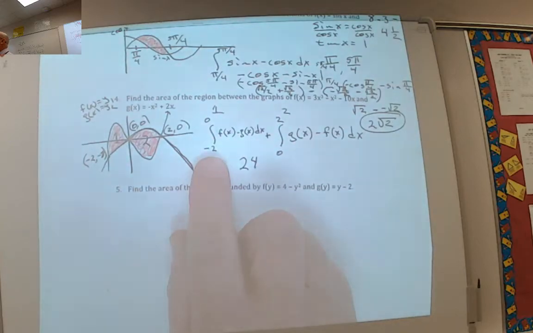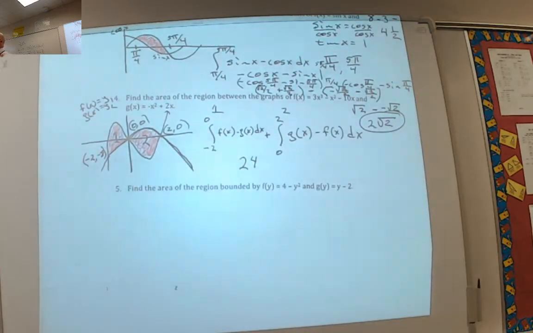Wait, y1? Yeah, because you're integrating from negative 2 to 1. No, that's your 1 first. Which one are you doing? No, there's no 1. Oh, from negative 2 to 0. Sorry, from negative 2 to 0. I got 12.